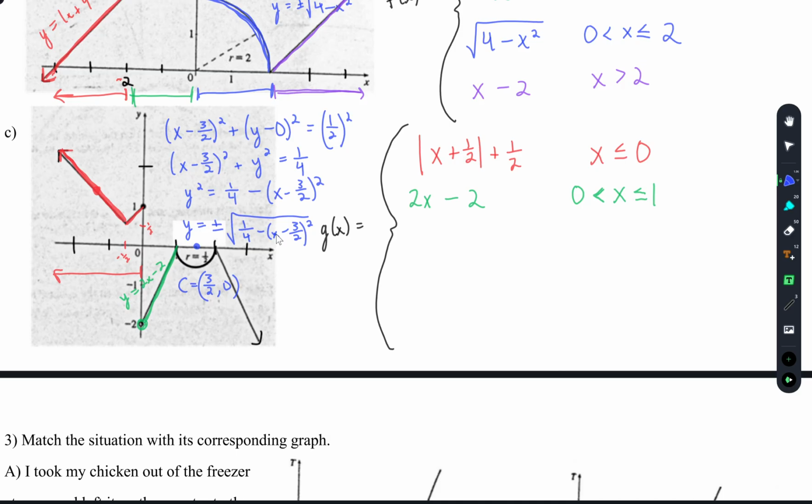Okay. So it's plus or minus, right? But all my y's are negative. You see that? Because you have the bottom of the circle. So negative.